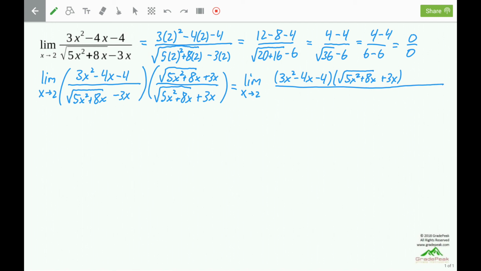First, root of 5x squared plus 8x times root of 5x squared plus 8x will be 5x squared plus 8x. The outside, which is a root times a positive 3x, will be a positive 3x times the root of 5x squared plus 8x.